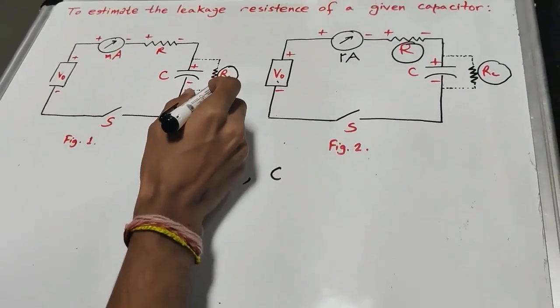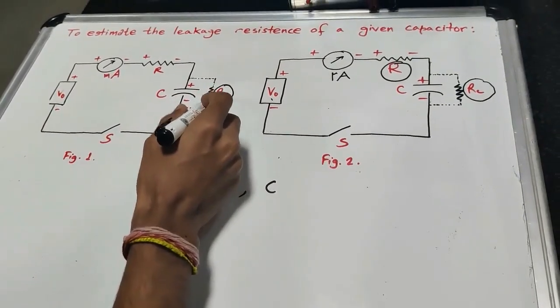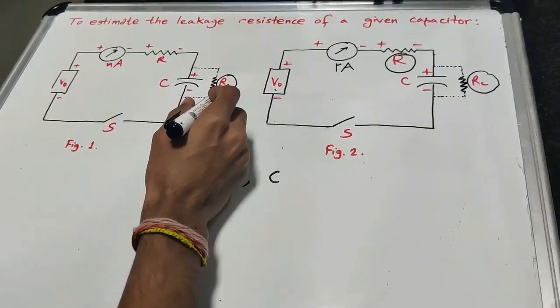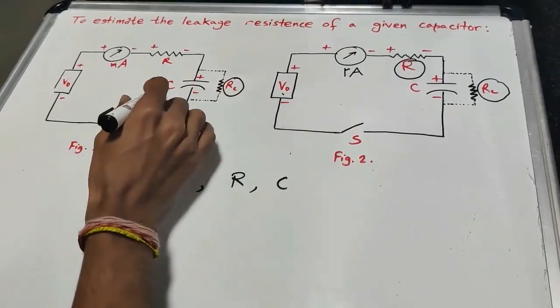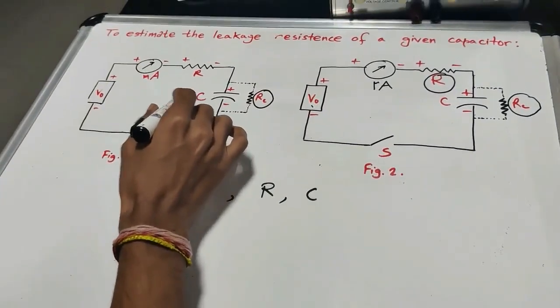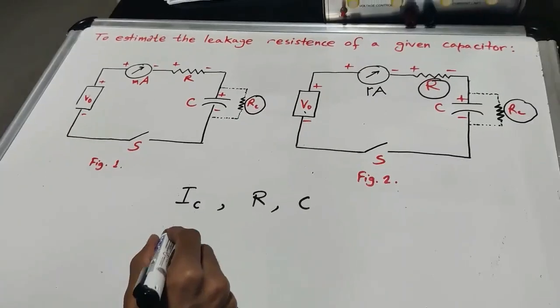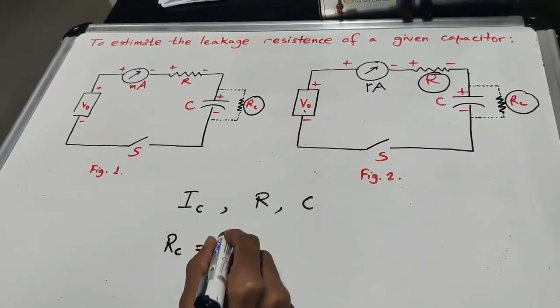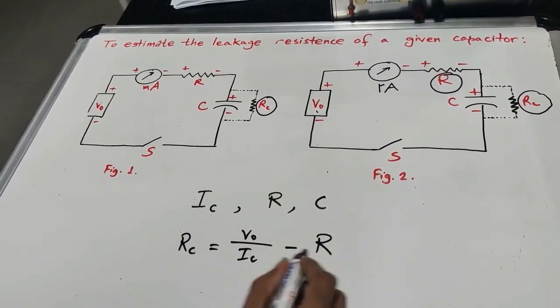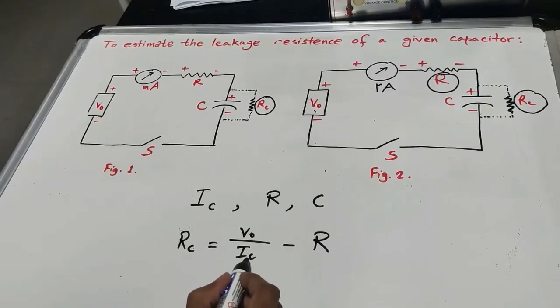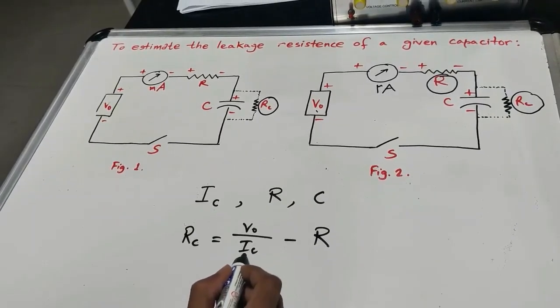So this RC that we have to measure is actually not the resistance that is connected to the Eexp1 network board, but it is the virtual resistance that this capacitor possesses. The formula to calculate this RC is V0 by IC minus R, where V0 is the power supply and IC is what we have measured from our experiment.